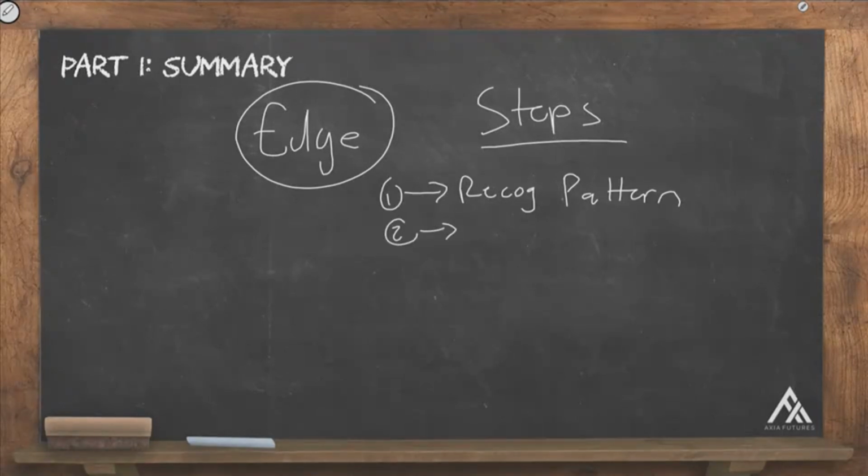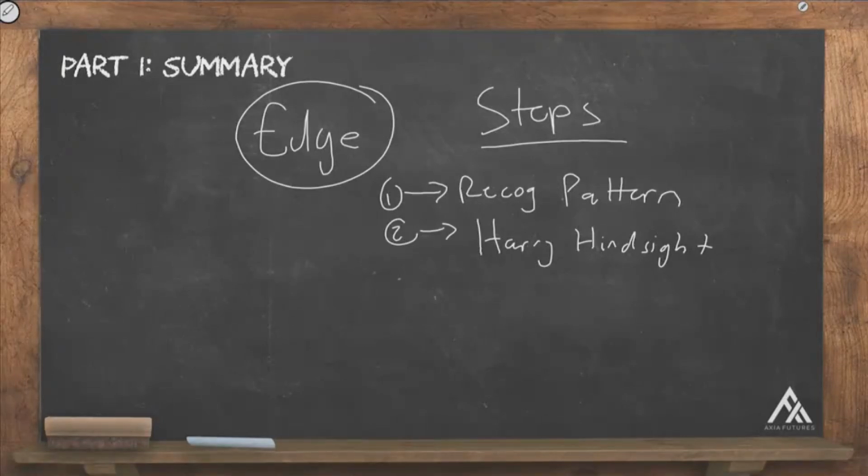We then said once you recognize a pattern, something that makes sense to you, something that you're familiar with, and something you're observing quite often, you want to go and do a good old-fashioned Harry hindsight on that setup. So you want to take that type of pattern and go and look back in time. Go and try and find as many observations of that pattern as you can find.